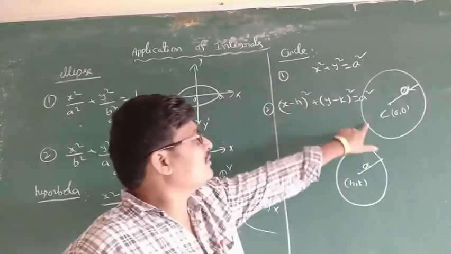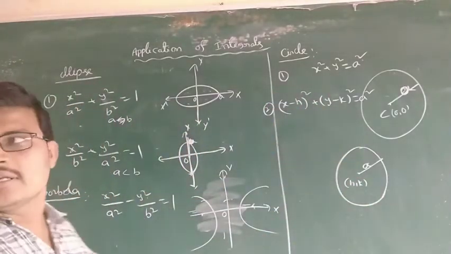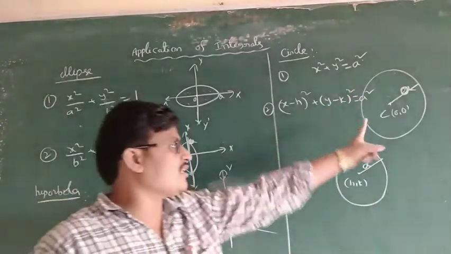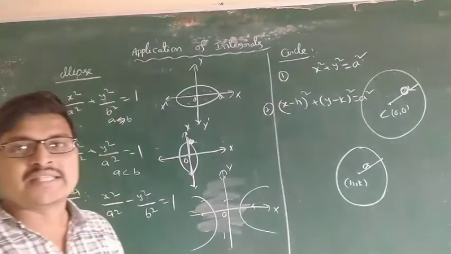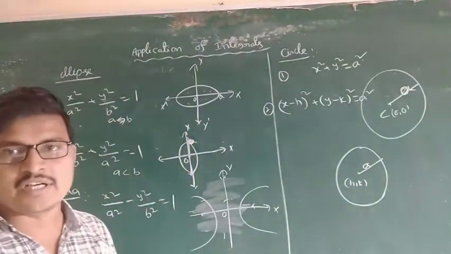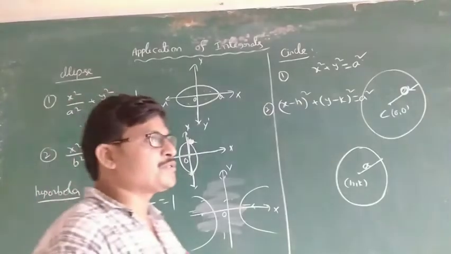What is the difference between the first circle and the second circle? The first circle has its center at the origin. In the second circle, the center is (h, k). So we have the straight line, the circle, parabola, hyperbola, ellipse.